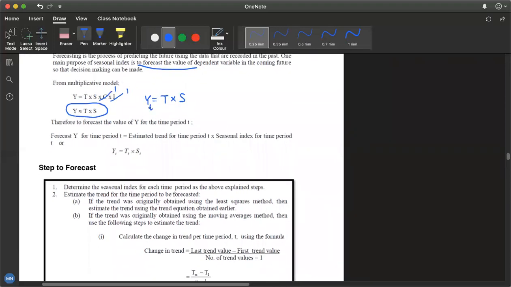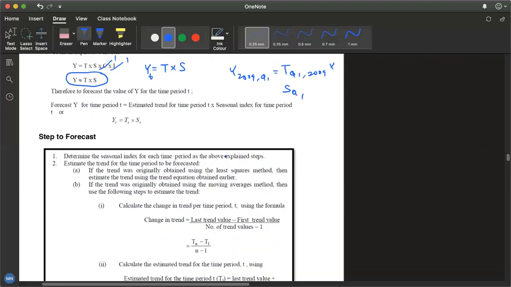Let's say we want to forecast y for 2009, quarter number 1. So we need to calculate the trend for quarter number 1, 2009, multiplied with the seasonal index for quarter number 1, right?